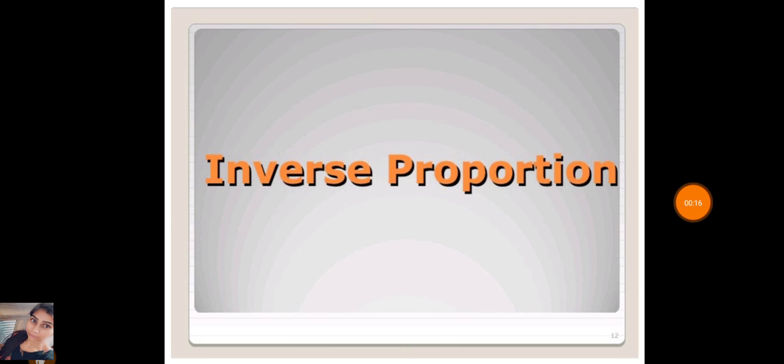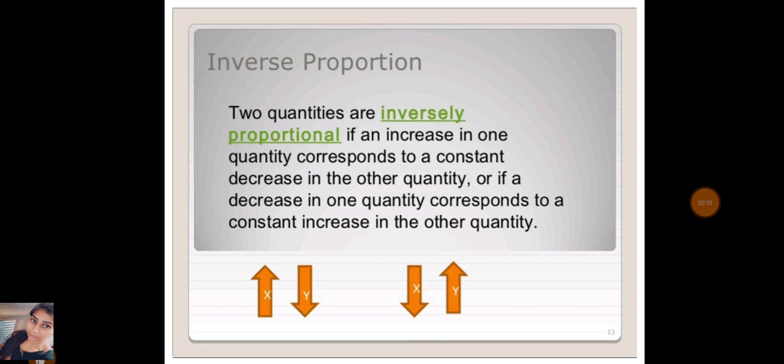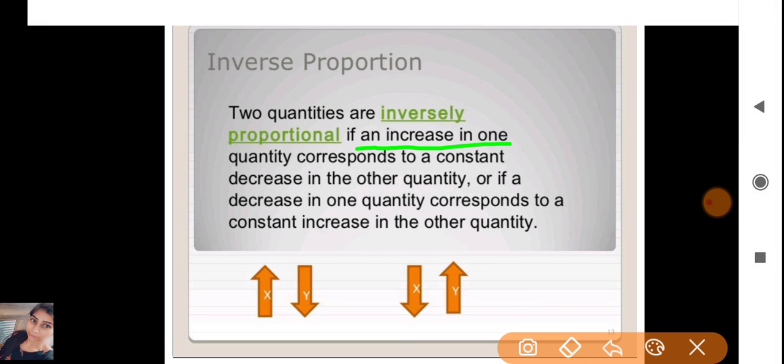So let's first understand what we mean by inverse proportion. Two quantities are inversely proportional if an increase in one quantity corresponds to a constant decrease in the other quantity, or if a decrease in one quantity corresponds to a constant increase in the other.